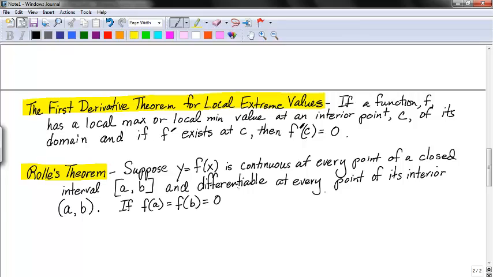If your y value equals 0, then there is at least one number c, that's an x value, between a and b.